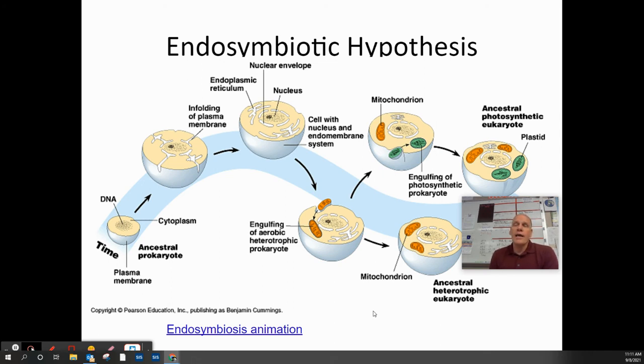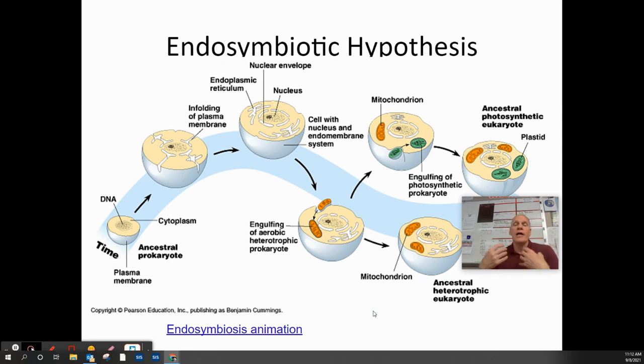Well, if you look at both chloroplasts and mitochondria, they have a lot in common with bacteria. A, they're about the same size. B, they have their own DNA. And not only do they have their own DNA, but their DNA is in the same form as a prokaryotic cell.